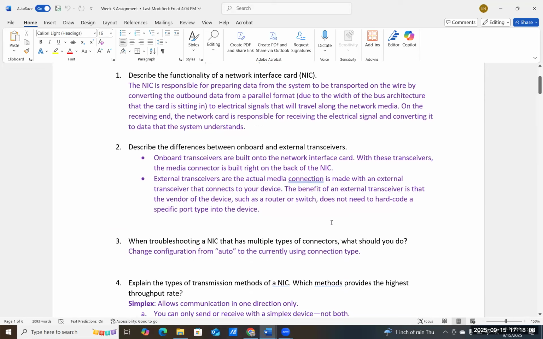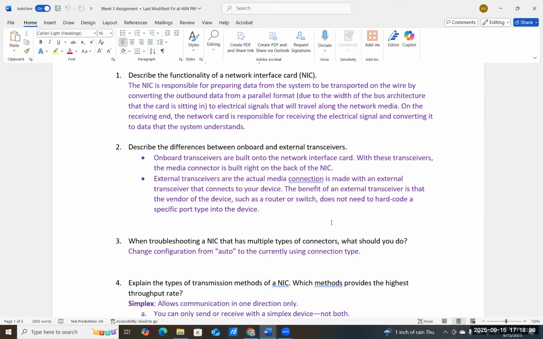All right, question 3. When troubleshooting a network interface card that has multiple types of connectors, what should you do? You saw one of the adapters has different types of connectors. We want to make sure that the configuration, the setting on the software level, is set to auto.